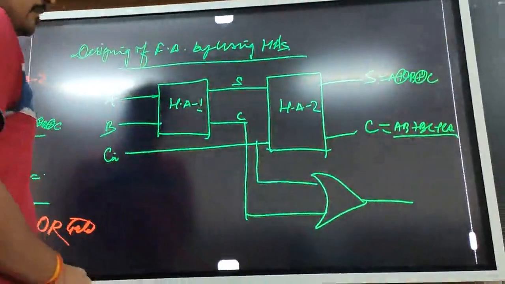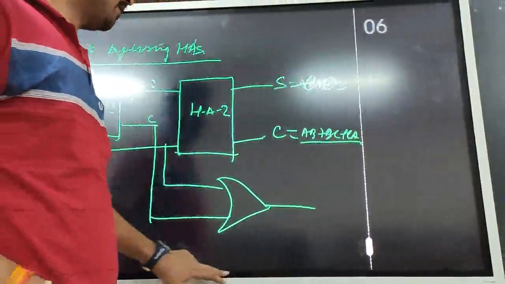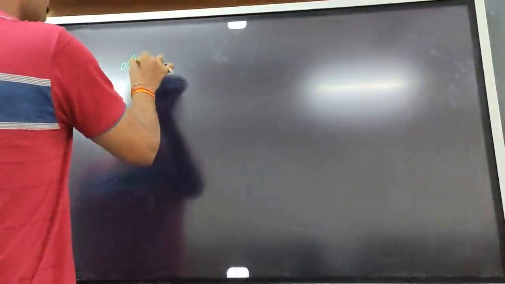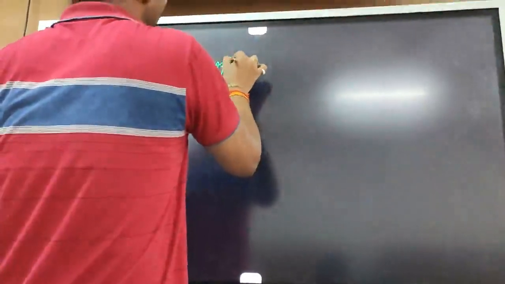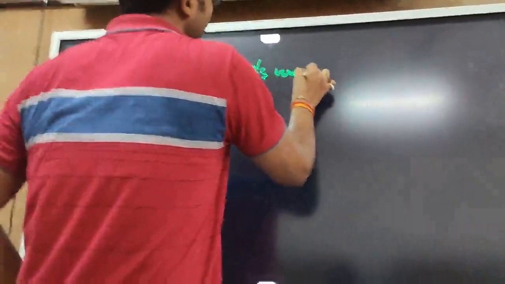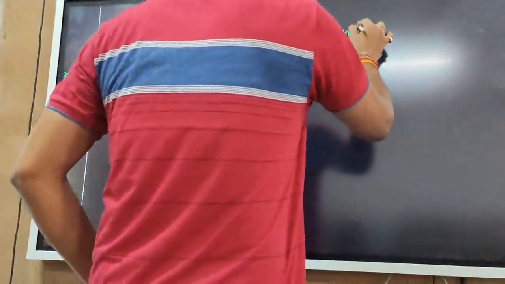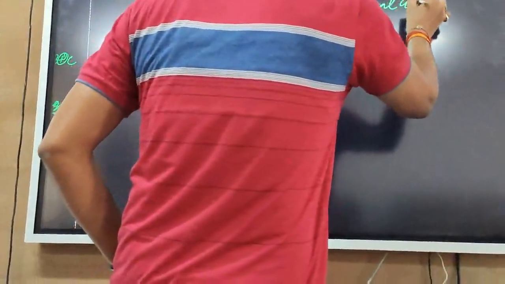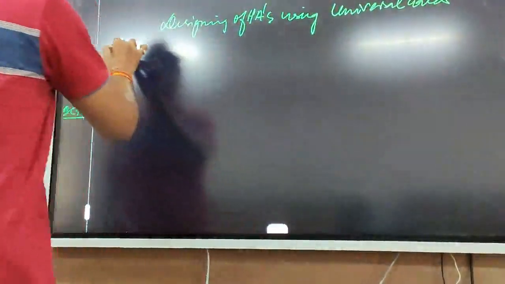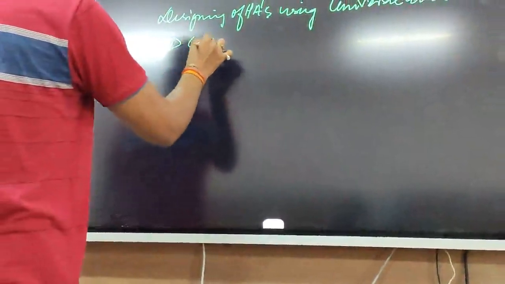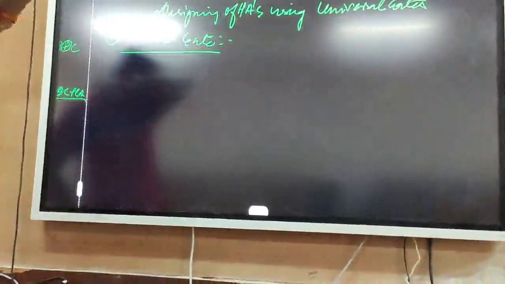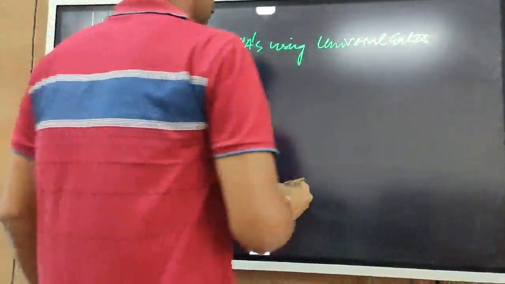One basic important thing is here, when it has been asked that design of half adders using universal gates. Suppose if we are trying to design it by NAND gate, how we will design it?